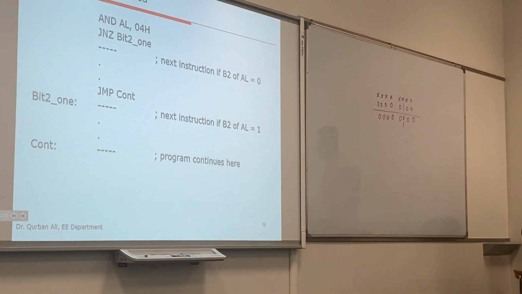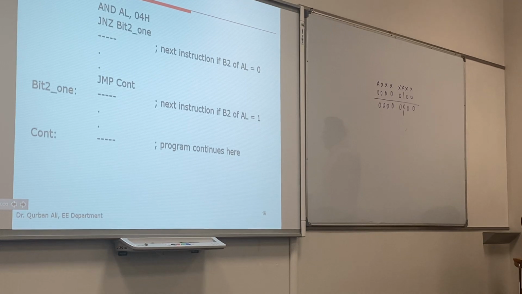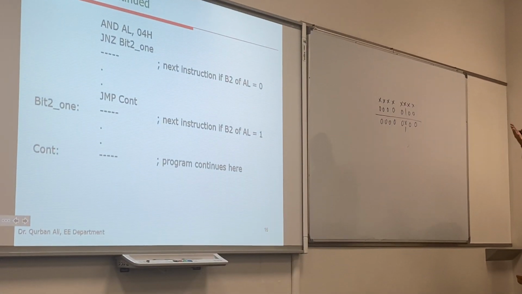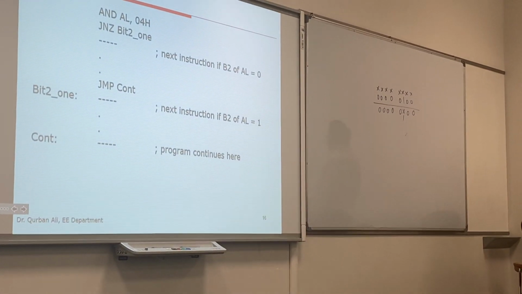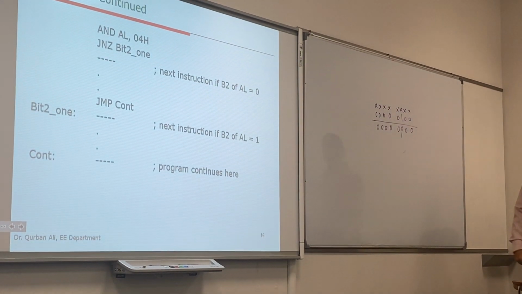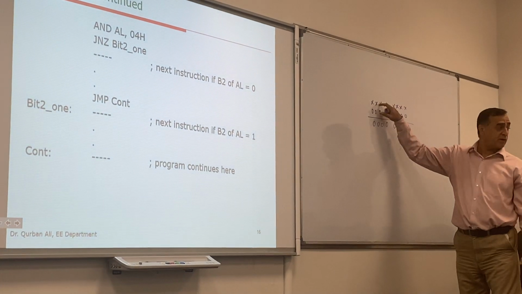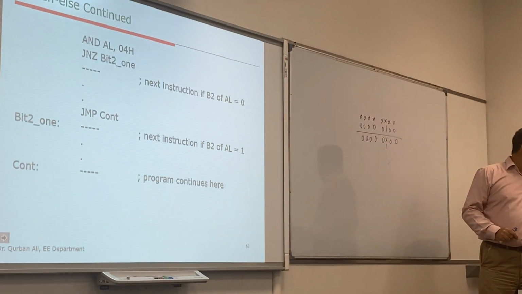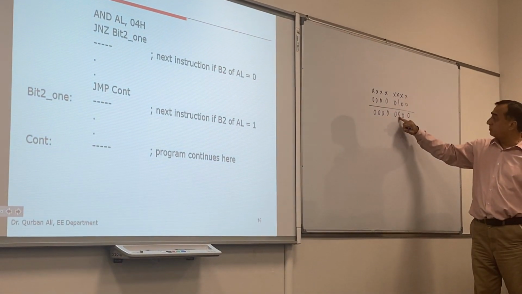Is it not clear? Say it. How do you know? Because it depends, because my answer will be what is the value in AL, right? Then either this will be 0 or 1.